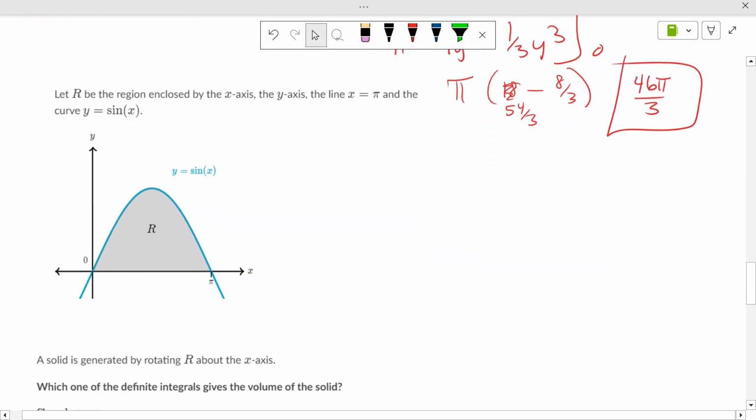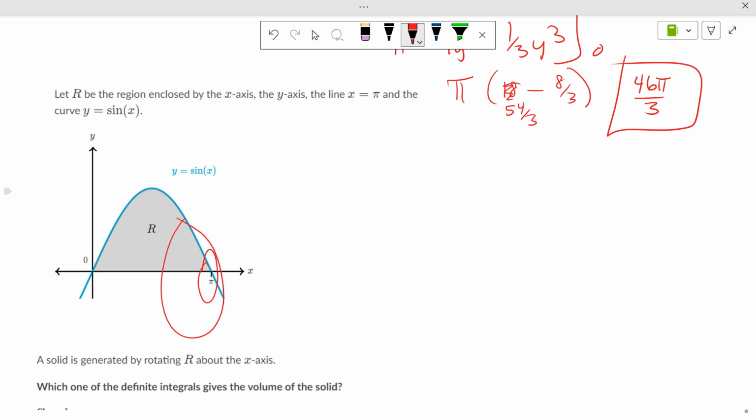Okay, so this one, we're going to let R be the region enclosed by the x-axis and y-axis, the line x equals pi, and the curve sine of x, and we're going to rotate around the x-axis.